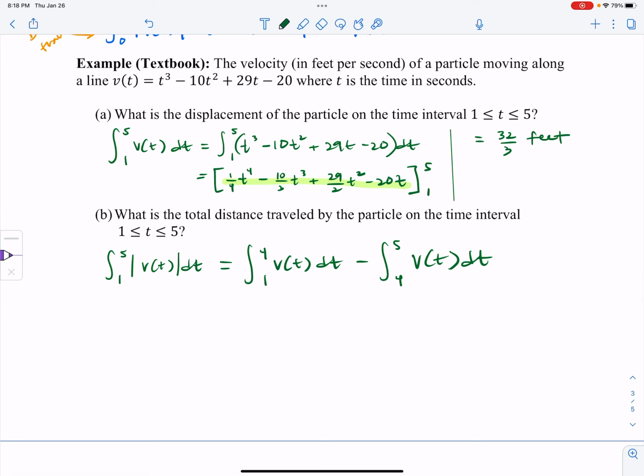You could integrate by hand using fundamental theorem of calculus. Because this polynomial has so many terms, that would be pretty tedious. I'm just going to show you what each of those values would be. And again, you can type in the absolute value bars and just think about integrating the absolute value of your v of t function.